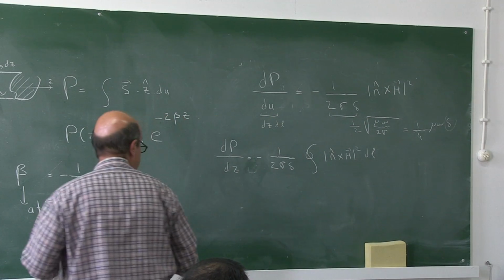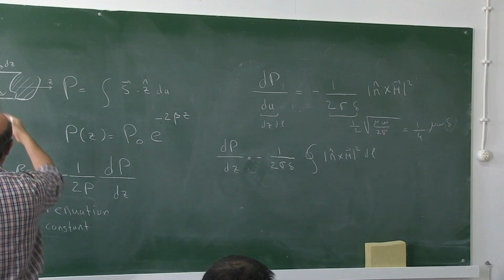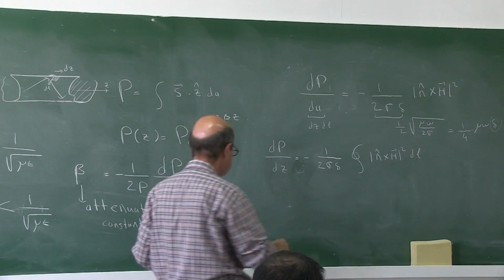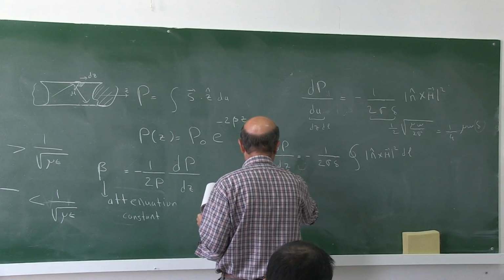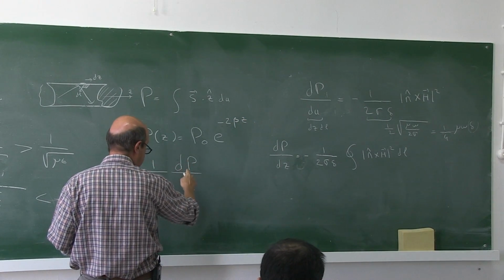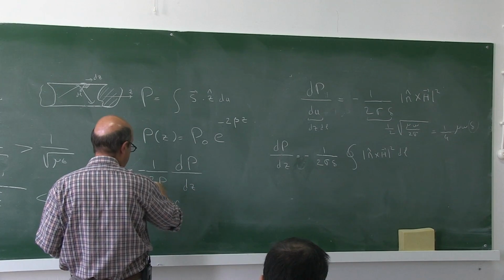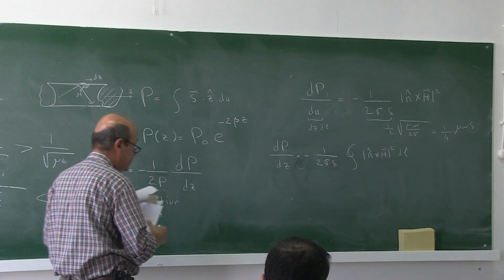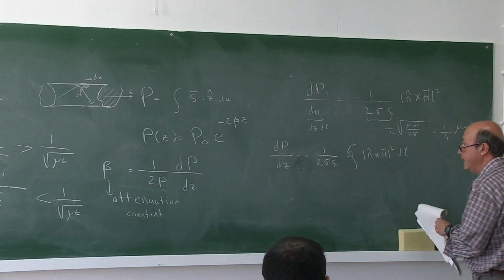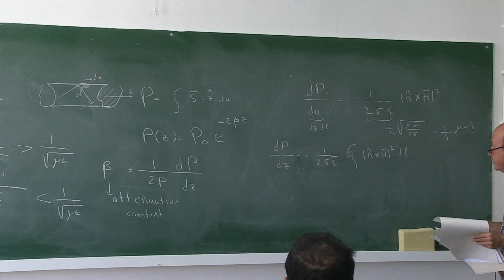So basically, we have to calculate n cross H through the surface of the guide, and that will give us the power loss per length. And if we have the power loss per length and the power, and we take the ratio, we can estimate the attenuation constant easily.